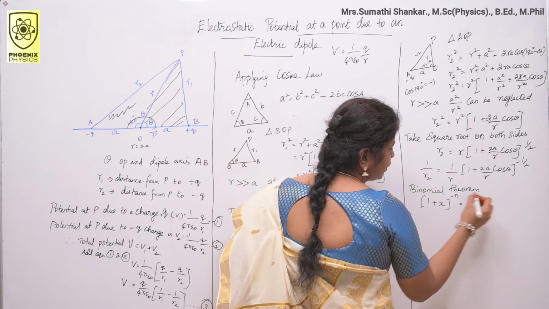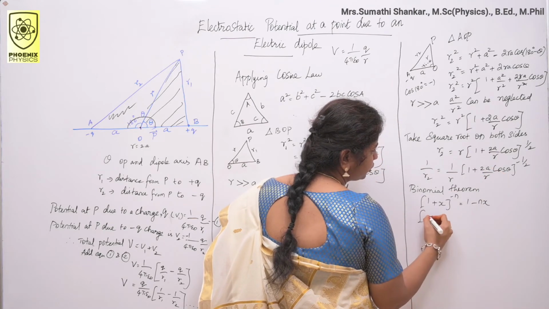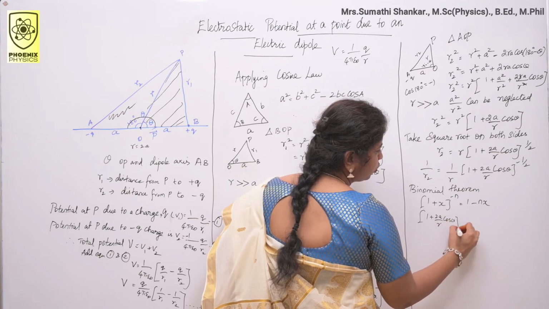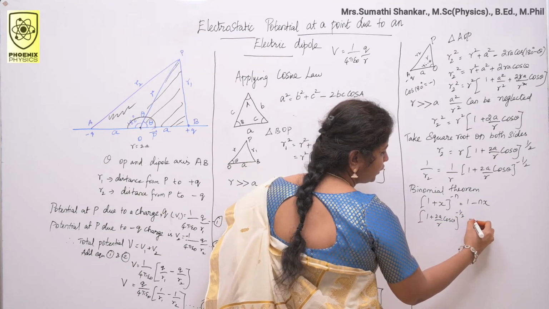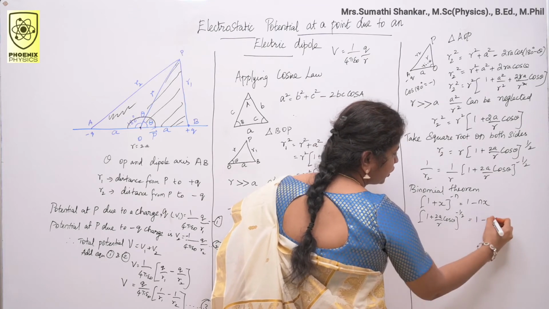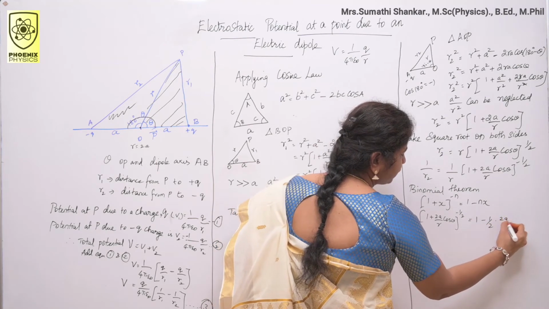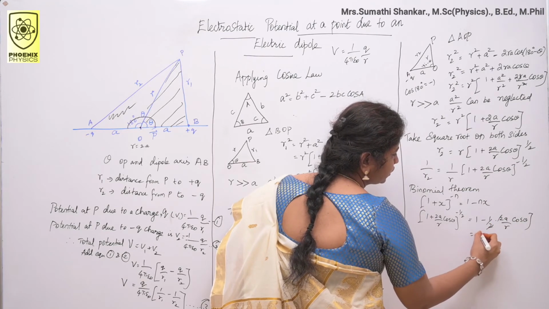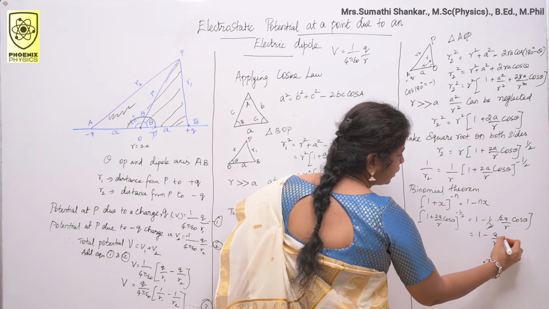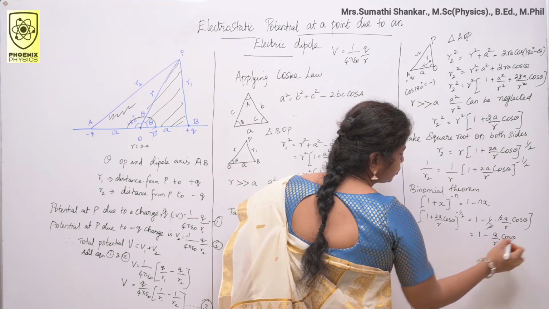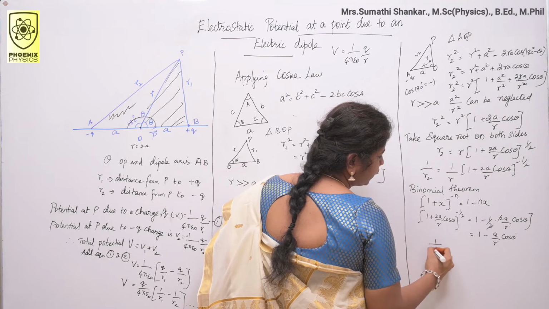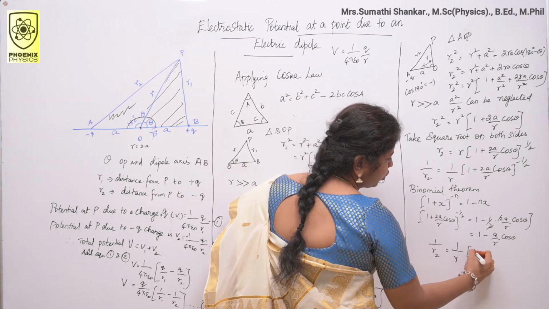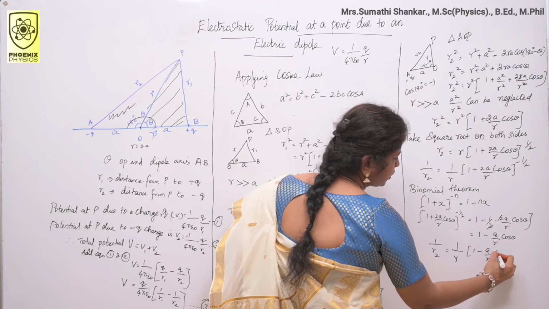So based on the formula, 1 plus 2a by r cos theta, the whole power minus 1 by 2, how do you write it? 1 minus 1 by 2 into 2a by r cos theta. So cancel this. The remaining term is 1 minus a by r cos theta. So substitute in this formula. 1 by r2 is equal to 1 by r, 1 minus a by r cos theta.